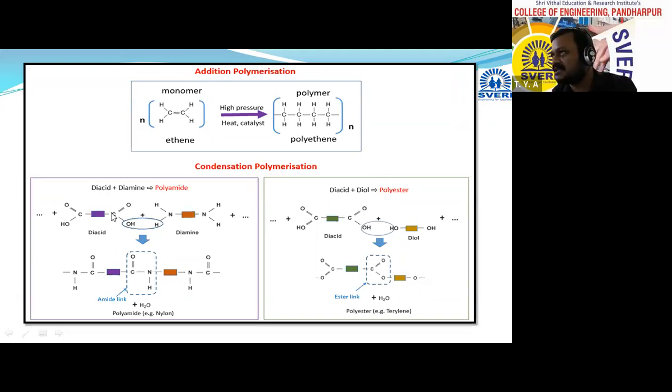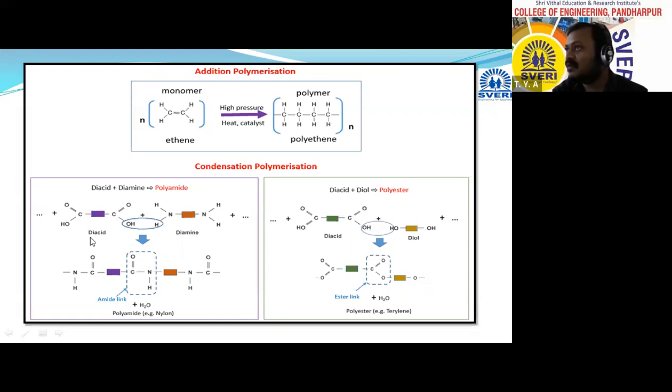You can see here COOH, from this side also COOH, and the amine group, NH2. NH2 is nothing but your amine group. And here we are having two amines, this NH2 and this NH2. That's why diamine. And two acid groups, COOH. That's why it is termed as diacid.